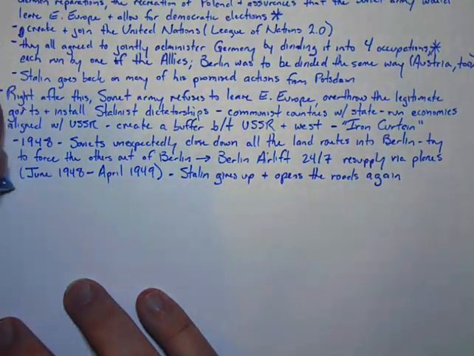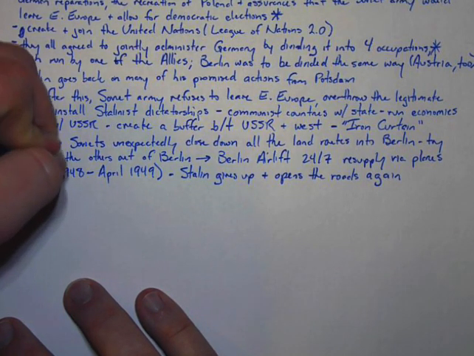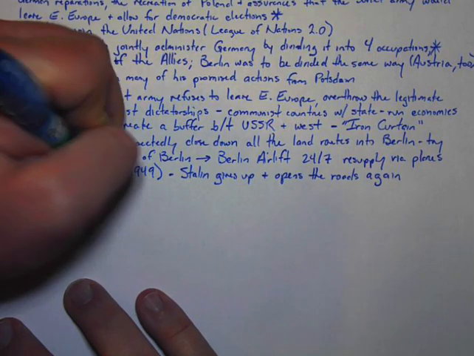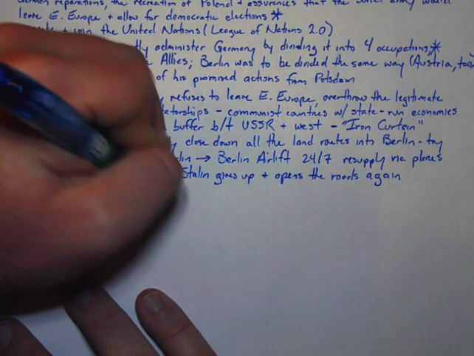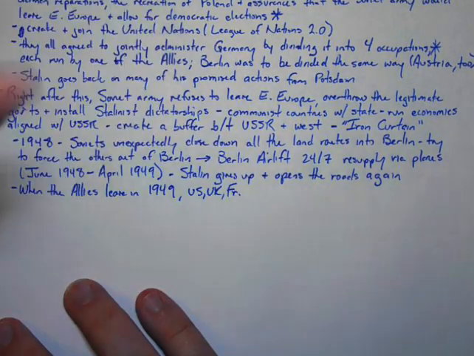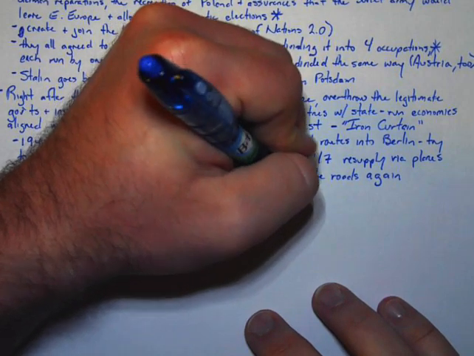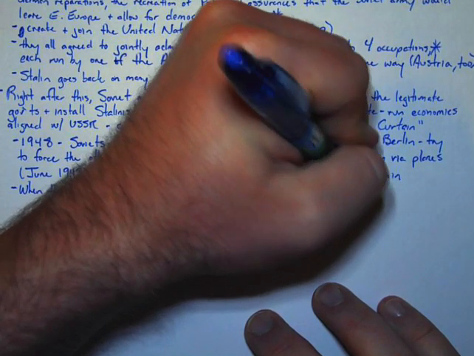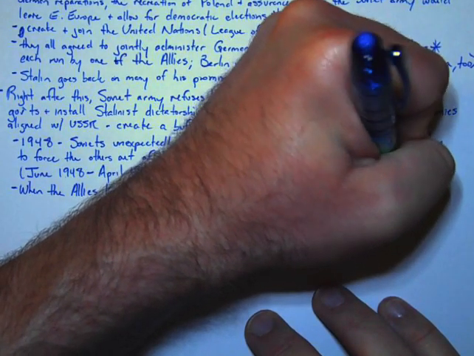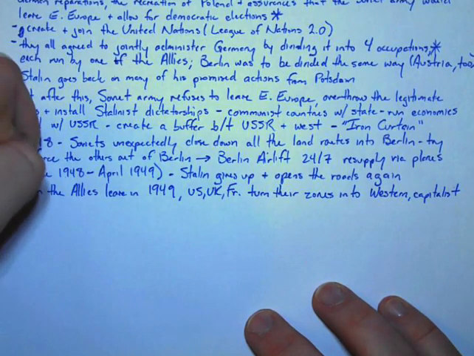So instead of having a united communist East Germany, when the Allies leave in 1949, the United States, Great Britain, and France turn their zones into a Western-aligned, capitalist West Germany.